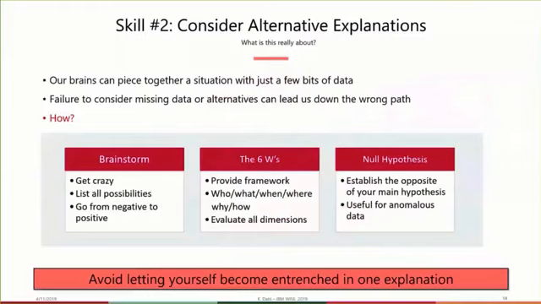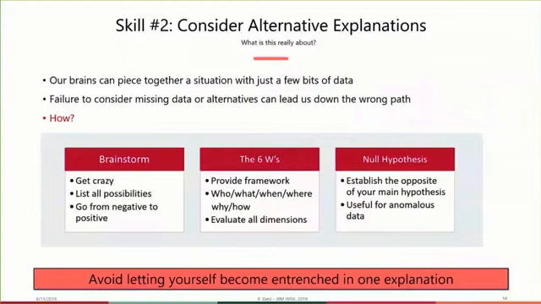We have to be able to consider alternative explanations. Avoid letting yourself become entrenched in one explanation. I can't tell you how many times this has happened to me, where I become so engrossed in one explanation that it turns out to be wrong because I fail to consider alternative explanations.